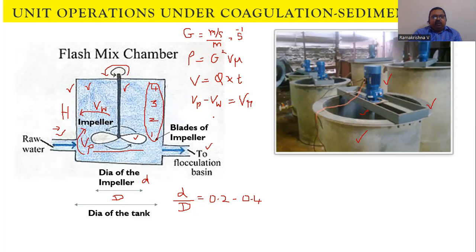Normally we take it as equal to 75% of the paddle velocity. That means we are assuming that the friction due to water in the opposite direction to the movement of the paddles is 25%. So the remaining 75% is nothing but the relative velocity.